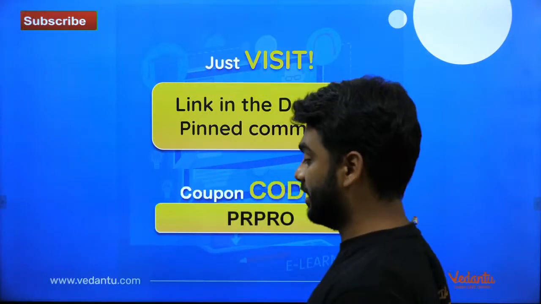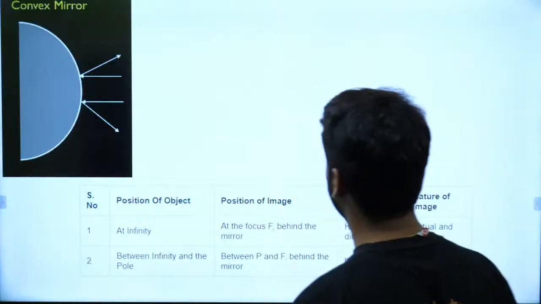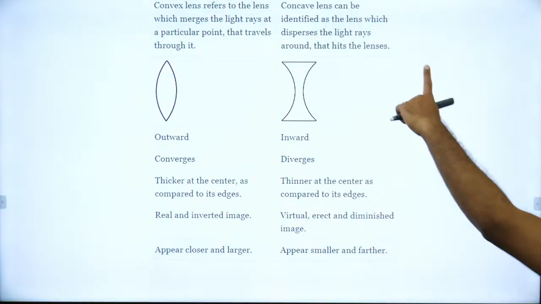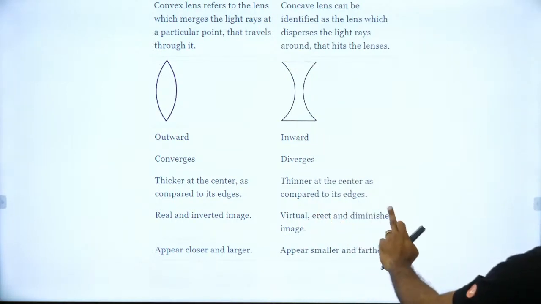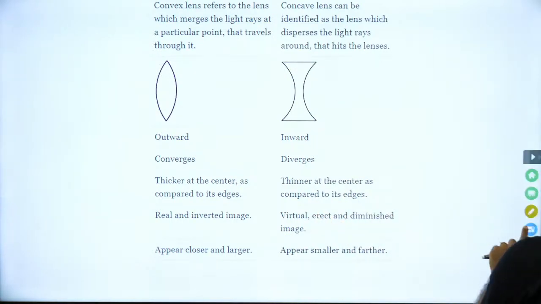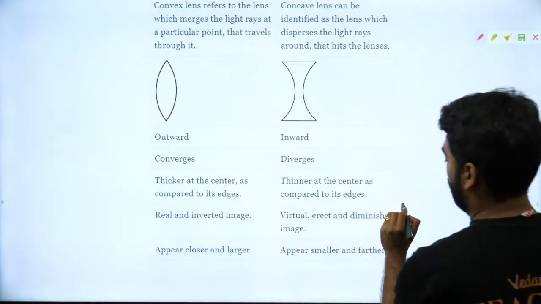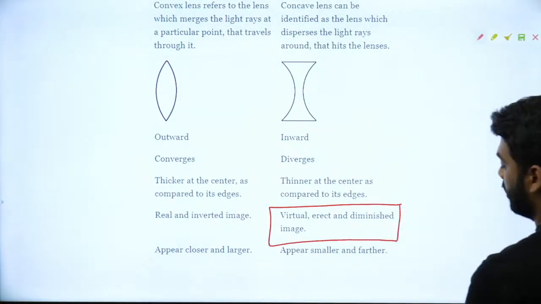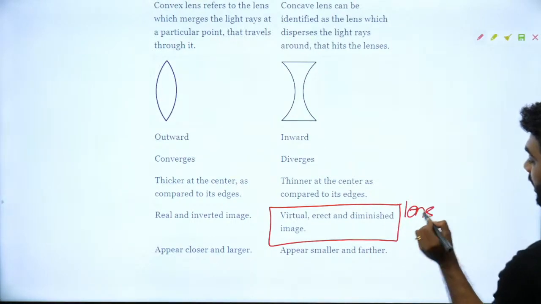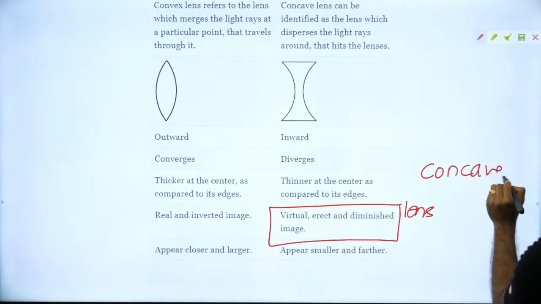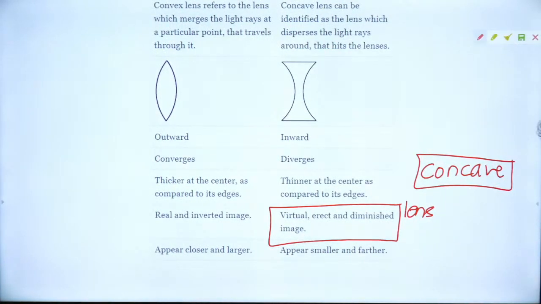So guys, that is it. That is what we have learned. But before we go back, let us revise once again. So concave lens will form virtual erect diminished. ठीक है, यहीं पे मैं लिख लेता हूँ so that it will be easier. This is lens. कौन सा lens? Concave. Right?